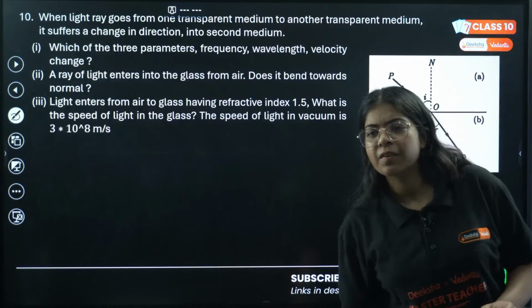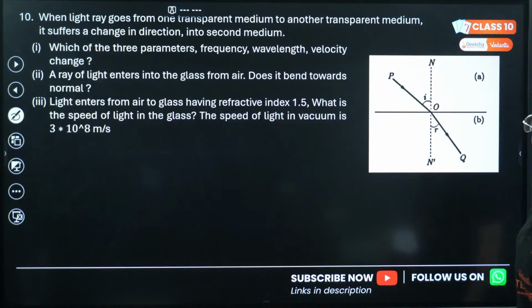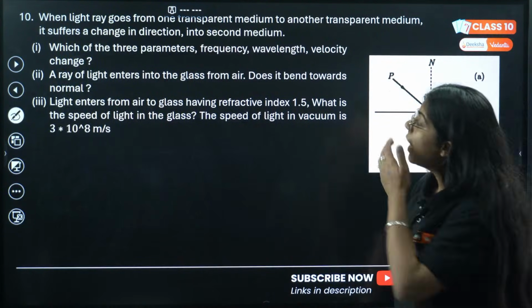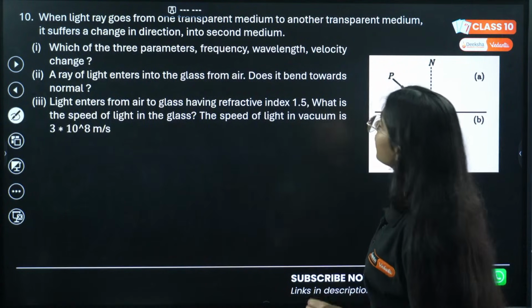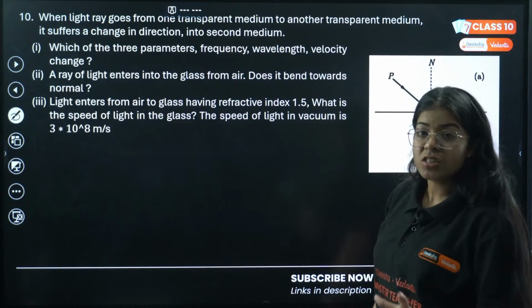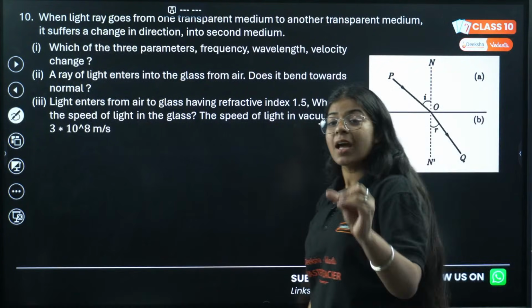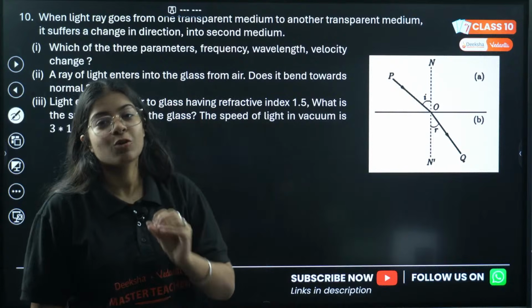There are lots of questions on refractive index today. When a light ray goes from one transparent medium to another transparent medium, it suffers a change in direction. Again, a very conceptually rich question for you guys.